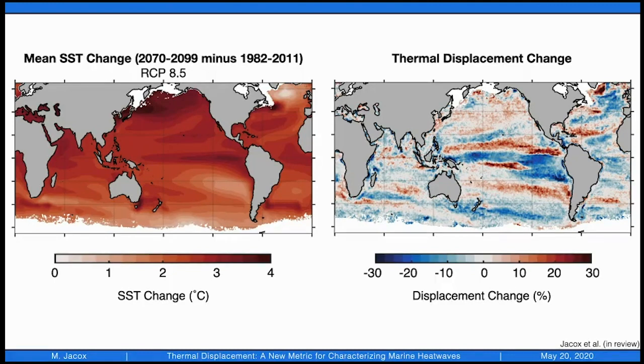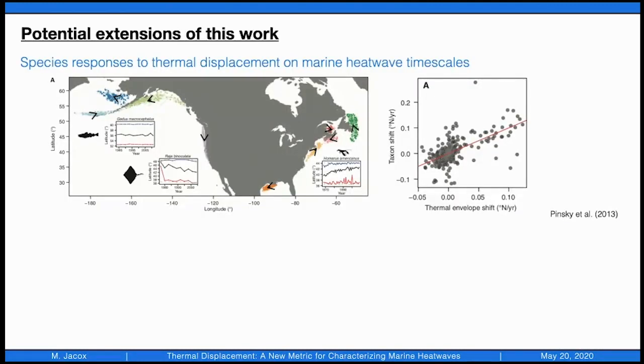So I'll just touch briefly on some of the obvious avenues. So one is to actually relate this to movements of marine species. And this has been done with a similar analysis that I mentioned, this climate velocity, which looks at these spatial shifts on climate change timescales.